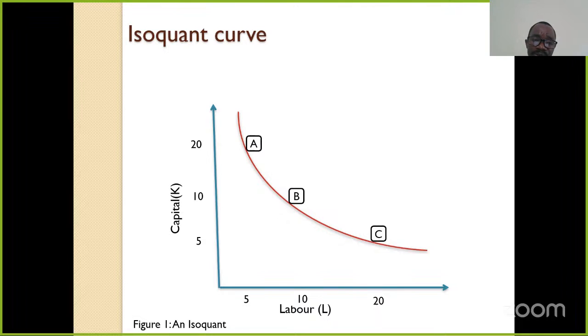In this case, we are talking about capital and labor. We have points A, B, and C as our points of illustration. At point A, we have capital, 20 units, and labor, 5 units. At point B, we have capital, 10 units, and labor, 10 units. And at point C, we have 5 units of capital and 20 units of labor.